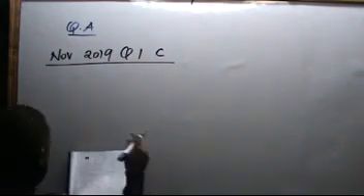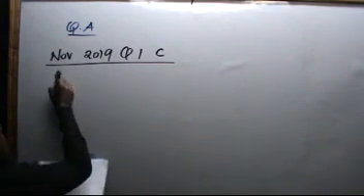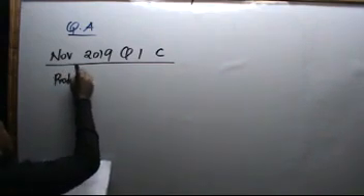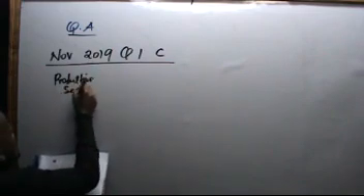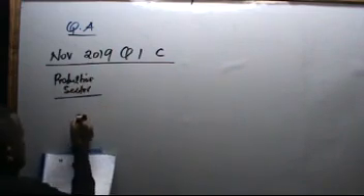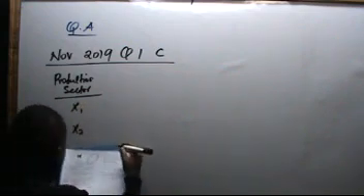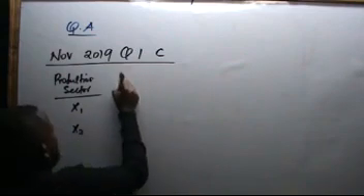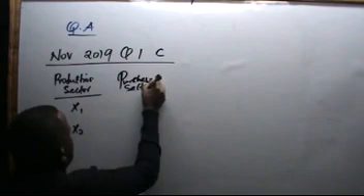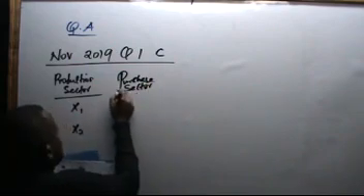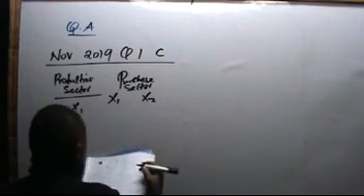The examiner has given a table with the production sectors X1 and X2, the purchase sectors X1 and X2, and the consumer demand.